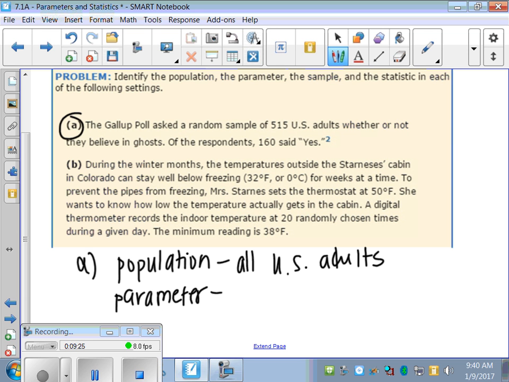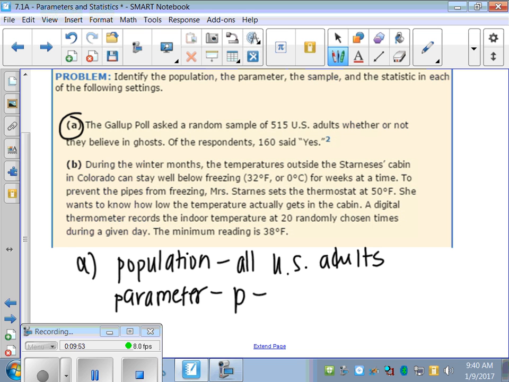So our parameter, you guys, is what we're trying to find. And we're trying to find the true number, right? So we found that 160 out of 515 in this sample, right, of U.S. adults said they believe in ghosts. So we're trying to find the true parameter of U.S. adults that believe in ghosts. Do we know that number? No. We only know what the sample told us. So the parameter is P, right?